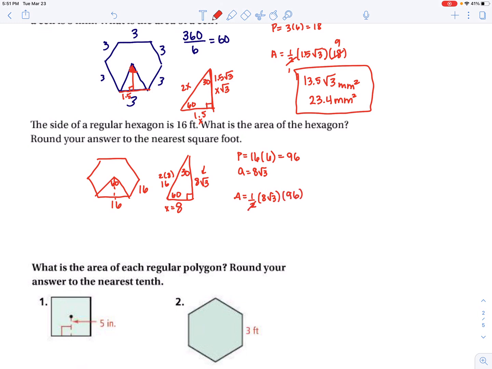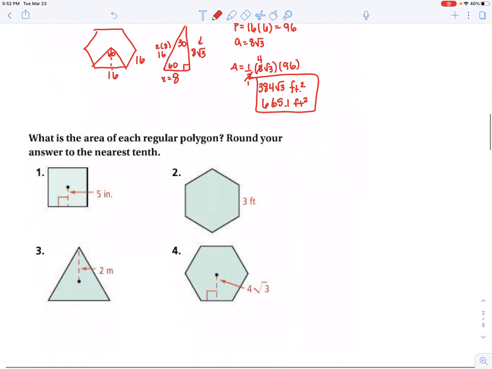The 2 cancels to be a 1. The 8 becomes a 4. And then I would take 4 times 96. You get 384 times the square root of 3. Or if you want the decimal, it's like 665.1. And then that would be feet. So either one of those is fine.